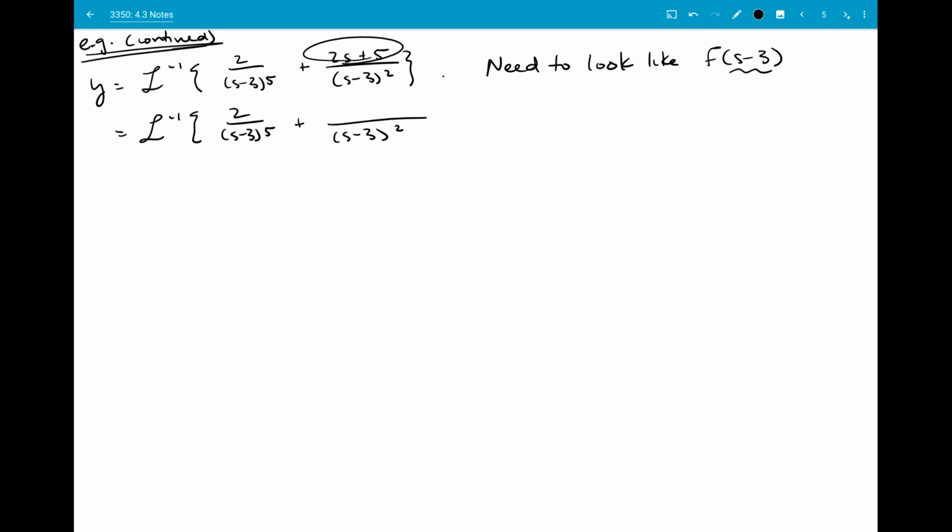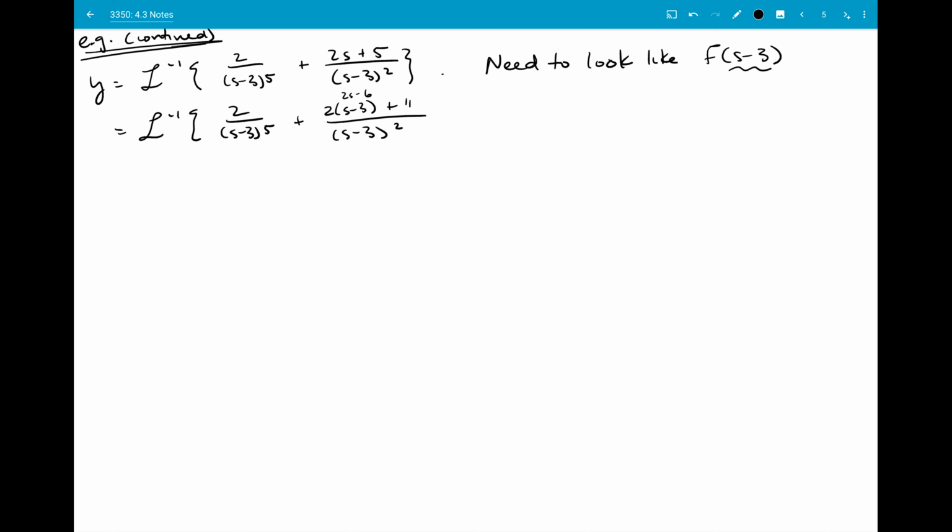But then the numerator right here, 2s plus 5, we have that problem again where we need it to look like s minus 3, not just s. So we want to have an s minus 3. Again, we add the 2, but that's 2s minus 6, and we want it to be plus 5, so that's how we got that plus 11 before. So we go ahead and write it like that.